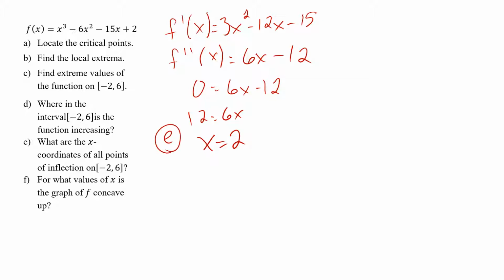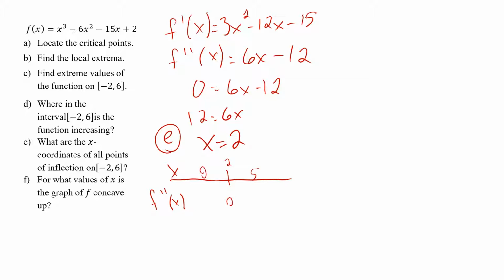So that's E. And then F, what values of x is the graph of f concave up? Well, actually, I guess before point of inflection, we would have to do the same idea. We have 2, 0. This is f double prime of x. Plug in a point that's smaller, plug in a point that's bigger.